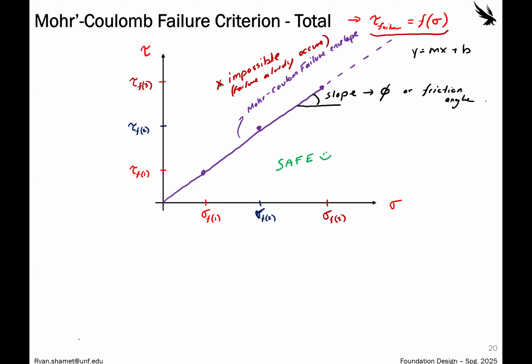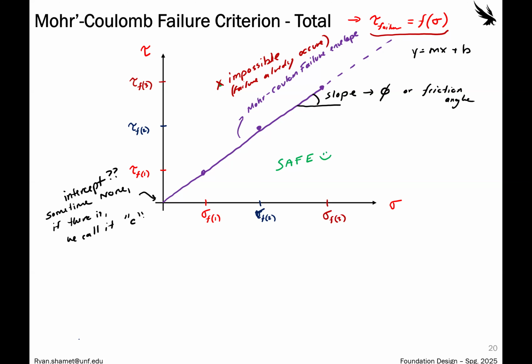And then the only other thing that we care about is the potential intercept. So sometimes there is no intercept and it's equal to 0. But if there is, we call it this c.